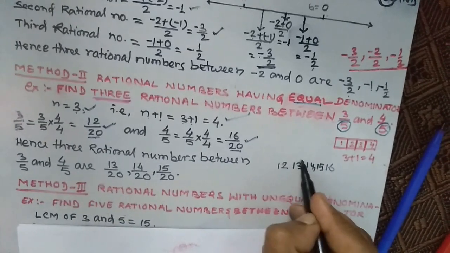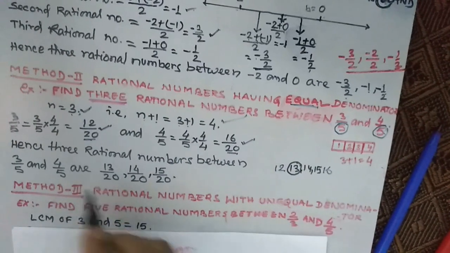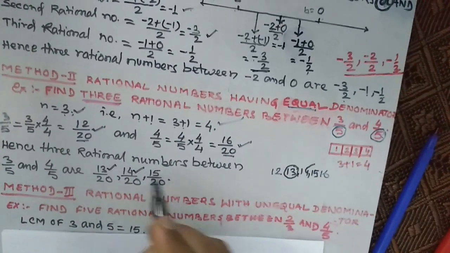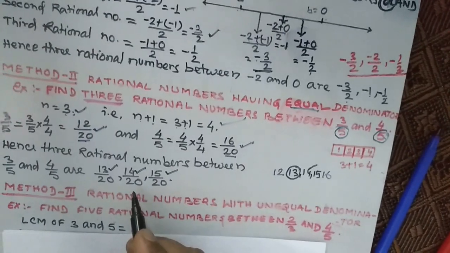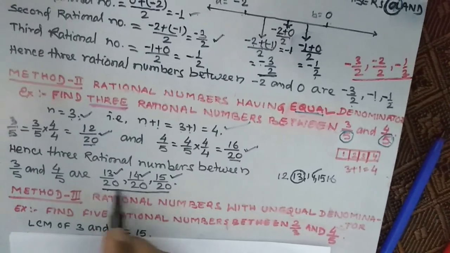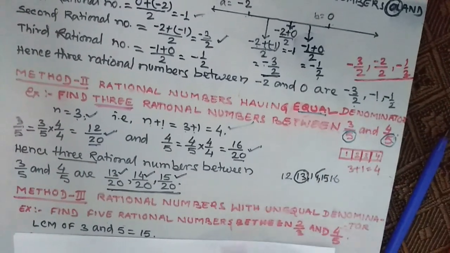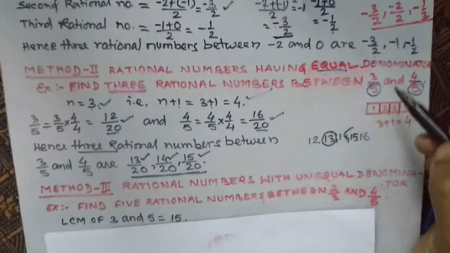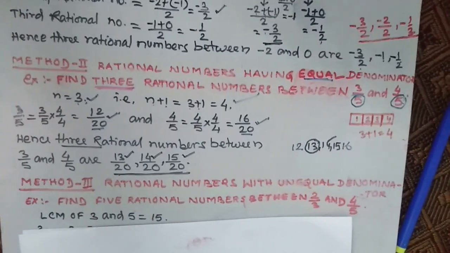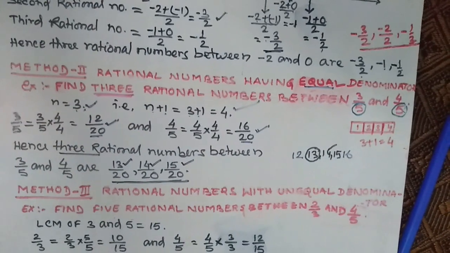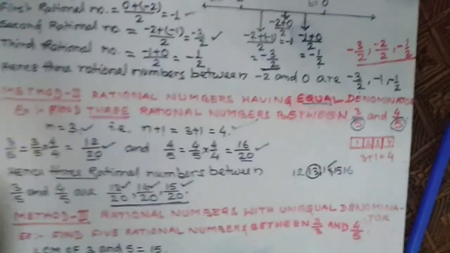Then 13 by 20, 14 by 20 and 15 by 20 are the 3 rational numbers that you have to find between the given rational numbers. Now, let us take the third case.